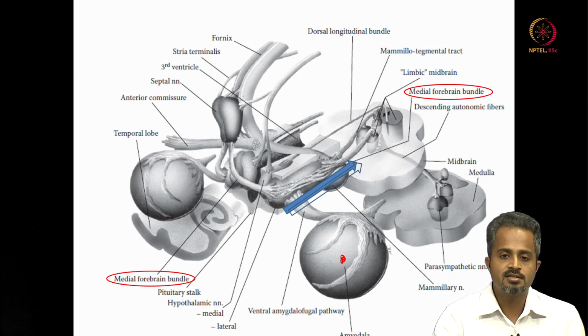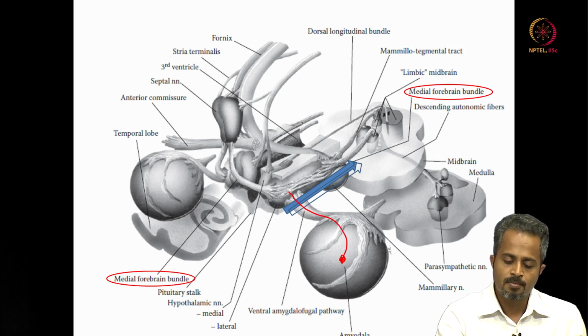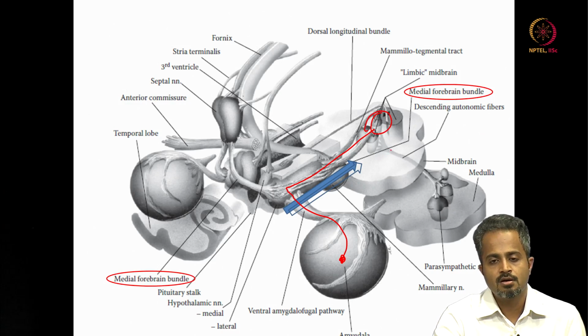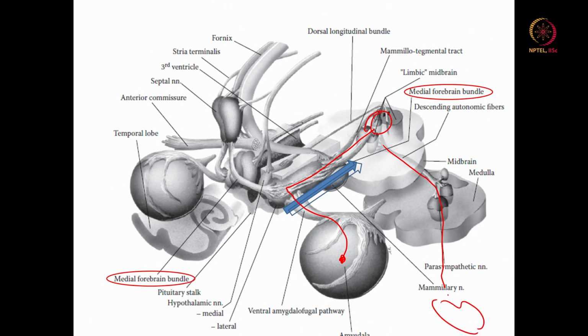The amygdala receives impulses from the cingulate bundle and sends them through the medial forebrain bundle into the midbrain vasomotor centers, which are the sympathetic center of our brain and are connected to our heart. So that impulse causes tachycardia.